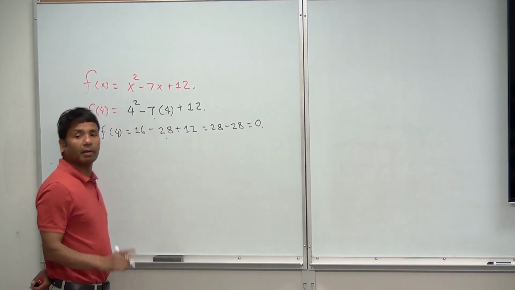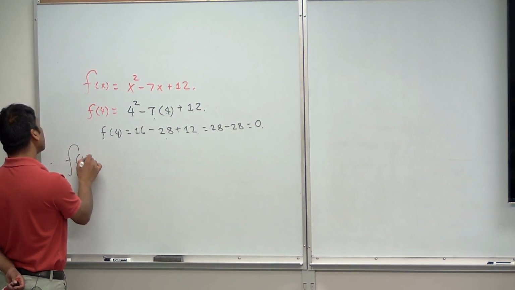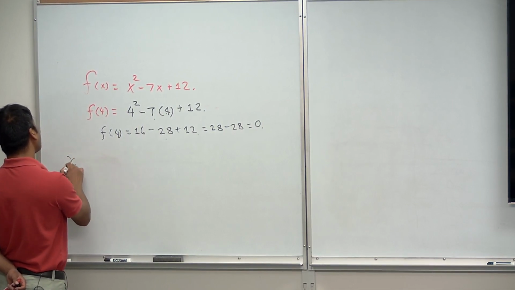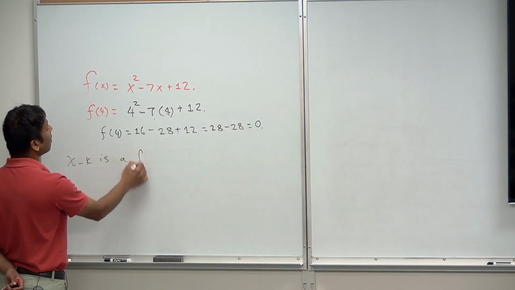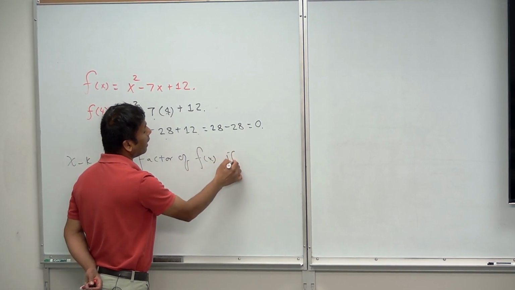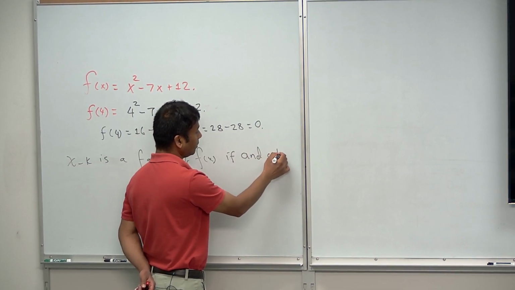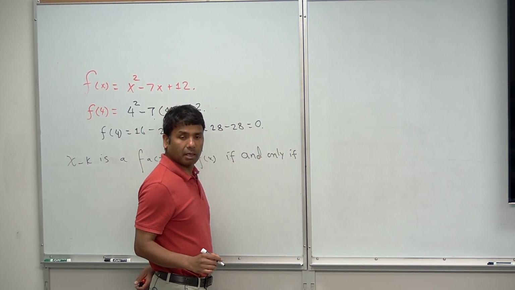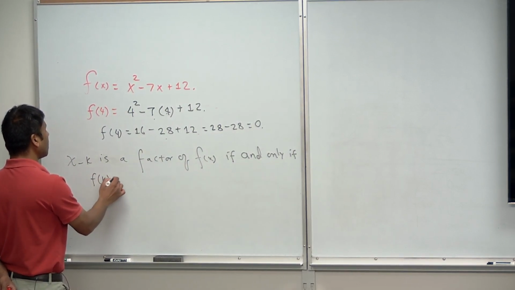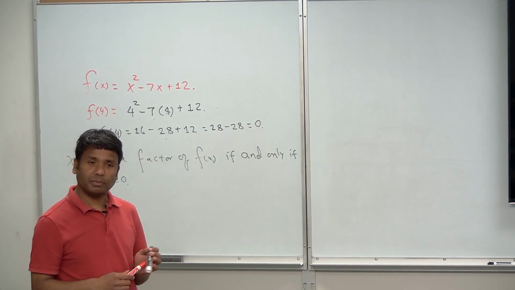0. Now look at the factor theorem. The factor theorem tells you f(k) equals 0, or you can write it this way, x minus k is a factor of f(x) if and only if f(k) equals 0. So this is biconditional. So this is the factor theorem, right?